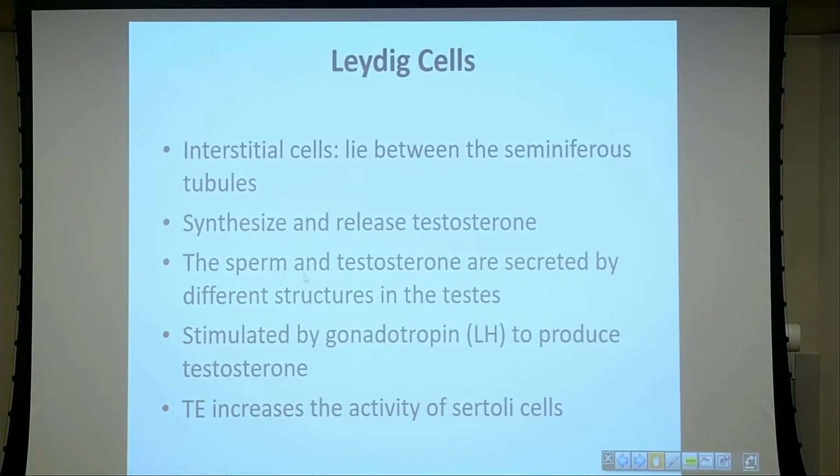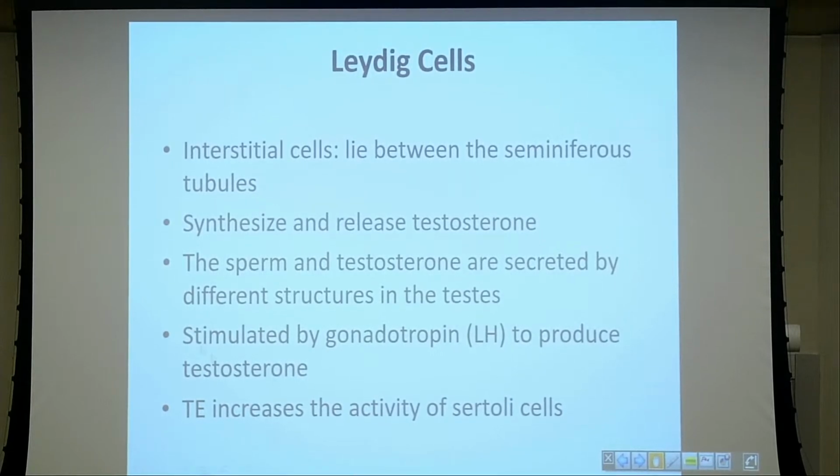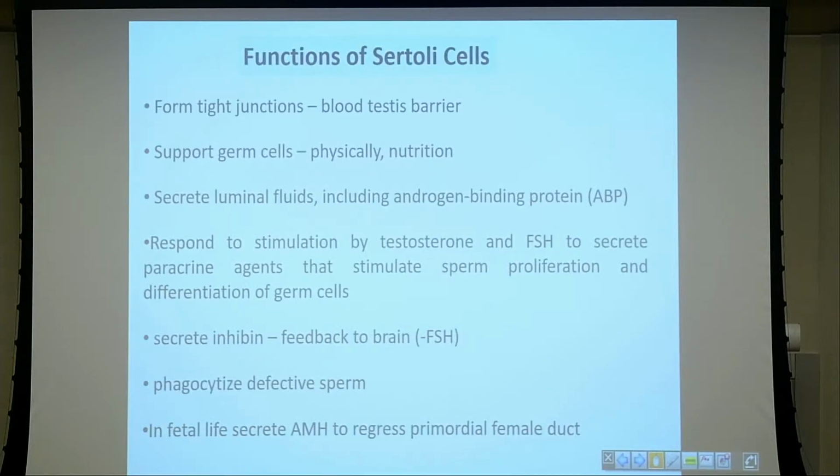In the testis, sperm production is happening in the seminiferous tubules and testosterone production in the Leydig cells, showing that sperm and hormone production are in different compartments in the testis. As I just explained, the Leydig cells are stimulated by LH to produce testosterone, and testosterone increases the activity of Sertoli cells for their contribution to spermatogenesis.